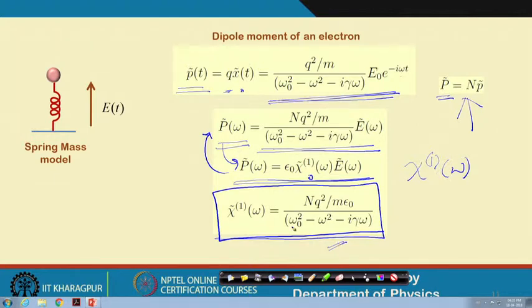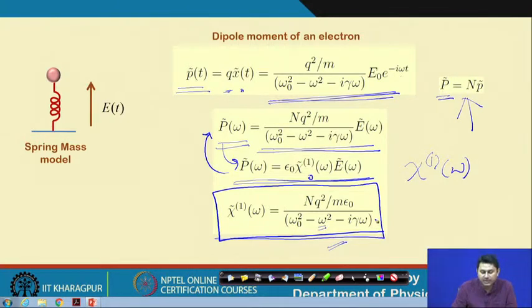If omega is omega0, then this entire quantity becomes purely imaginary, and some kind of absorption will be there. If omega is far away from omega0, I have only the real term, which gives rise to the refractive index of the system. We will come back to these things in our next class.